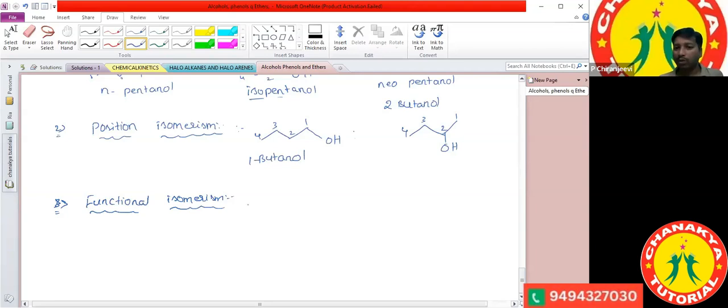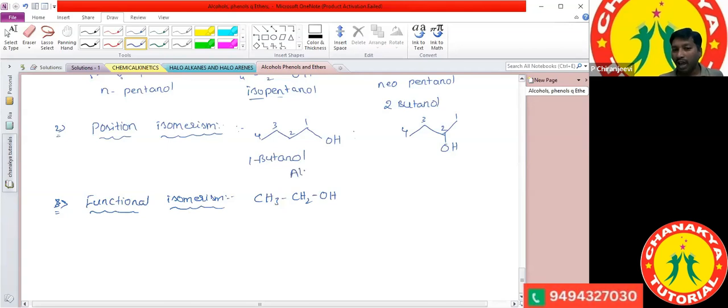Okay, so the compounds have the same molecular formula but differ in the functional groups. First, take C2H5OH, ethanol, CH3-CH2-OH. This we call ethanol.